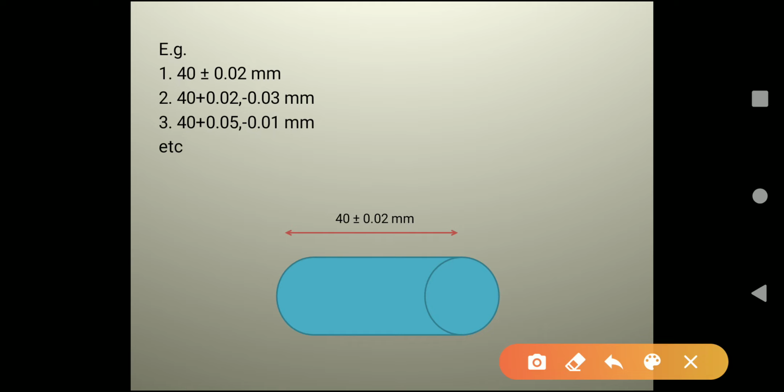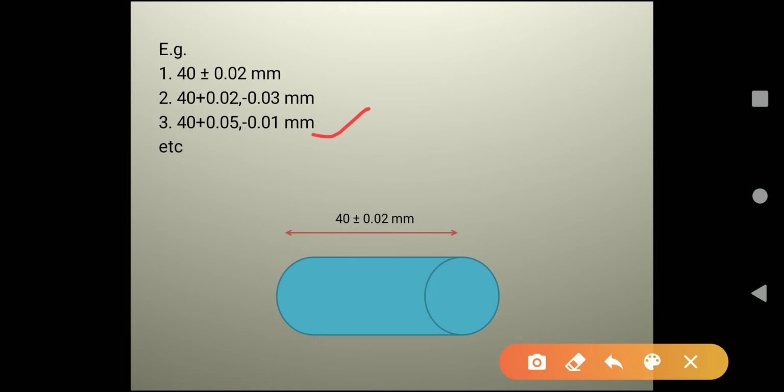And again, in the third example, you can see 40 at the plus side 0.05 and at the negative side minus 0.01 mm.